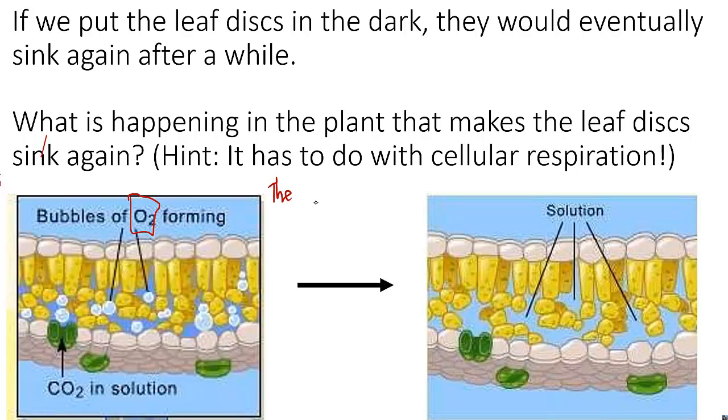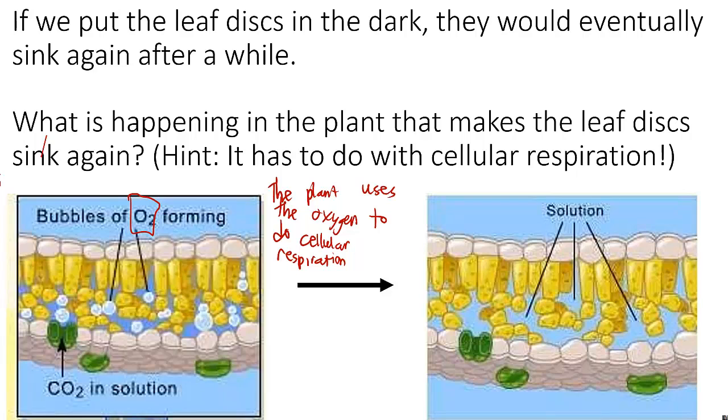The plant uses the oxygen to do cellular respiration. Plants have mitochondria and they do cellular respiration too.